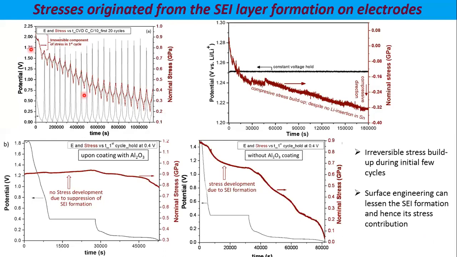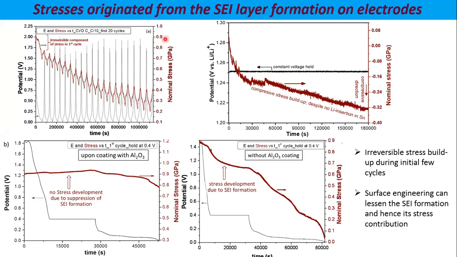So in the first example, this is for a graphite based electrode, and you can see that in the first cycle there is a huge irreversible stress built up, and over the cycles the irreversible contribution gets minimized, and after say 15 cycles, the reversibility of the stress profile is fairly established.